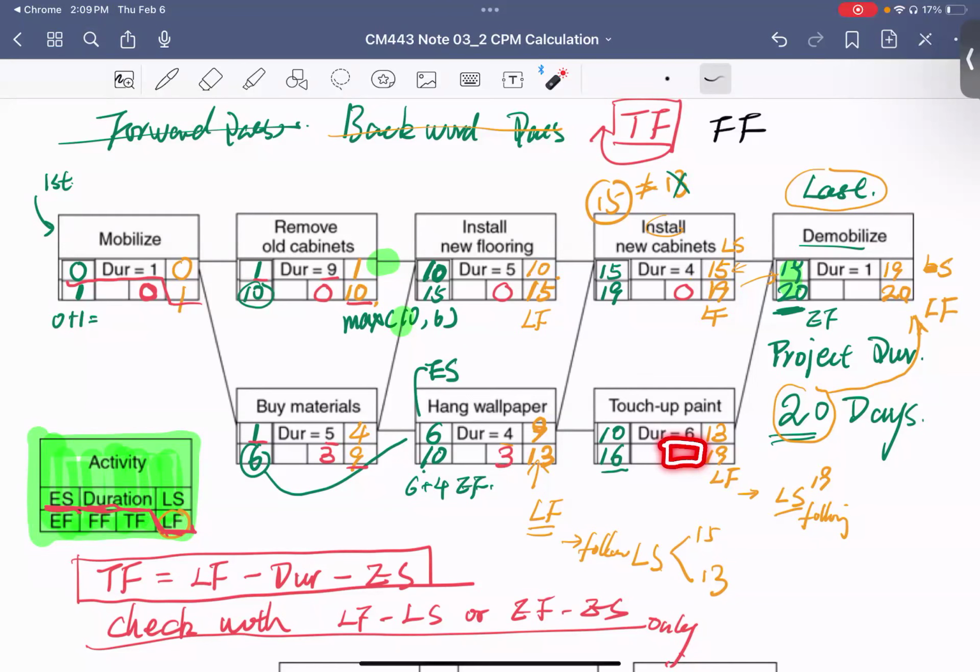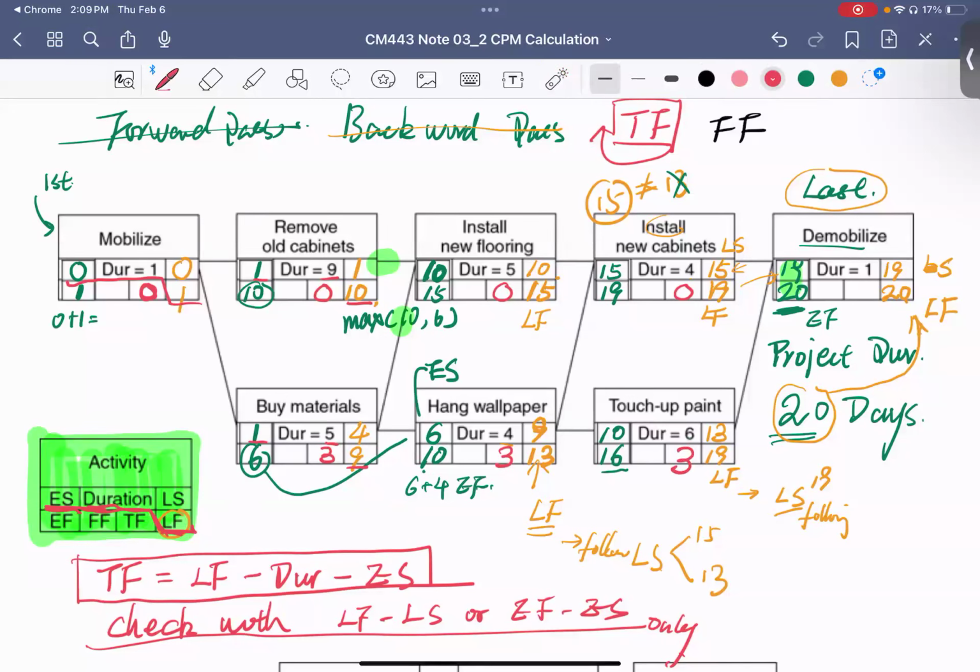Josh? Is it 3? Yes, 3. So how did you get 3? You're using 19 minus this 6 minus this 10, right? Yes. Okay, 3.